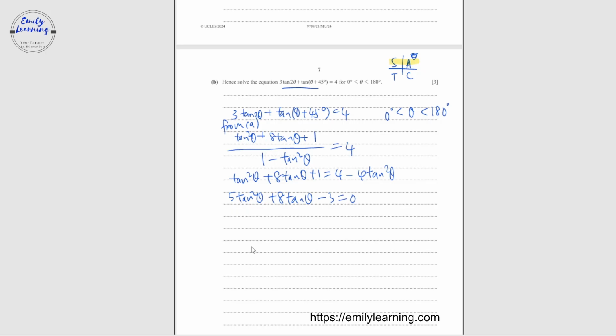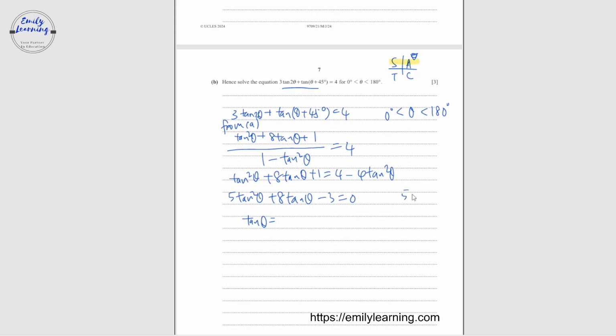After this, I'll need to factorize, right? Am I able to factorize? Maybe not. So maybe what I'll do is use the formula.